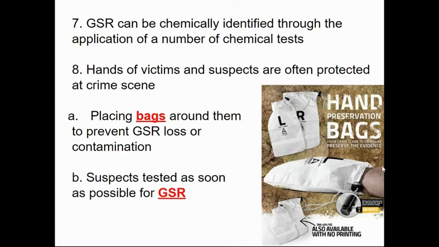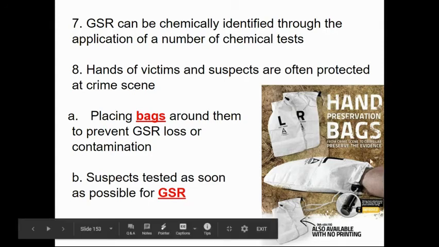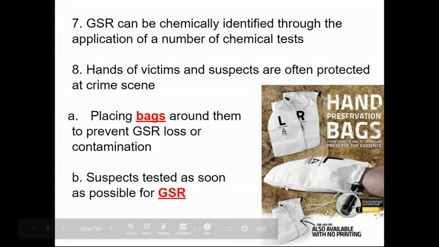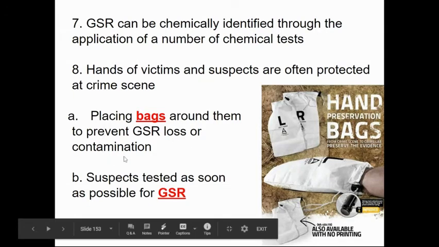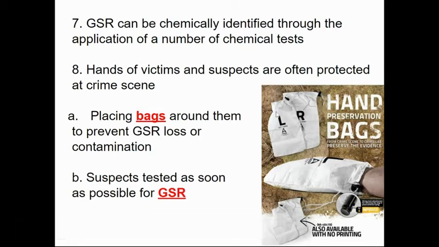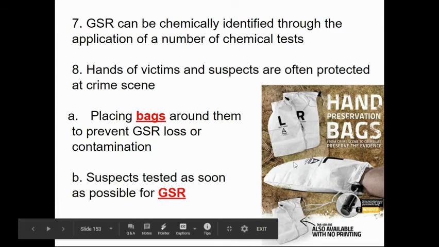They might actually put bags sometimes over the hands of the victim, and that's going to prevent gun residue from being lost, but also from contamination. You can test for these at the scene, but a lot of times they're going to get back to the autopsy table and do some testing there, not just underneath the fingernails for things like DNA or scrapes and things, but gunshot residue.